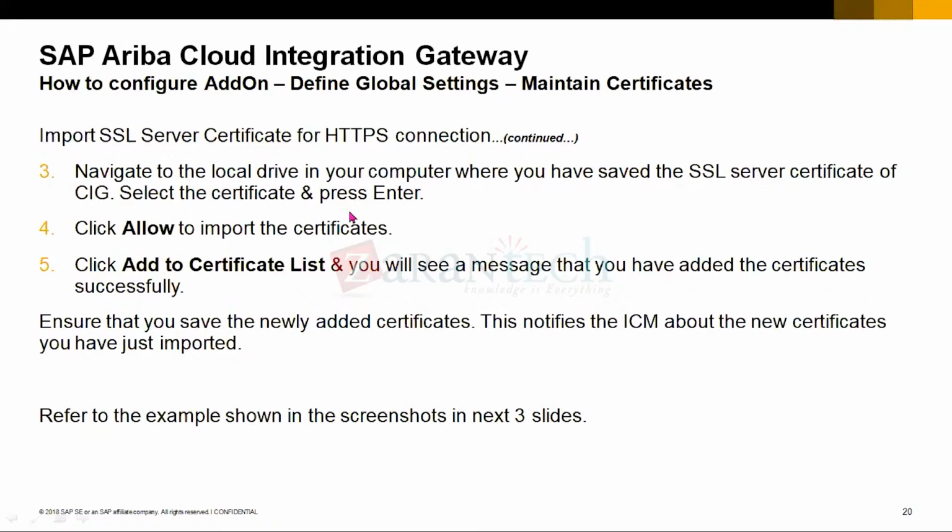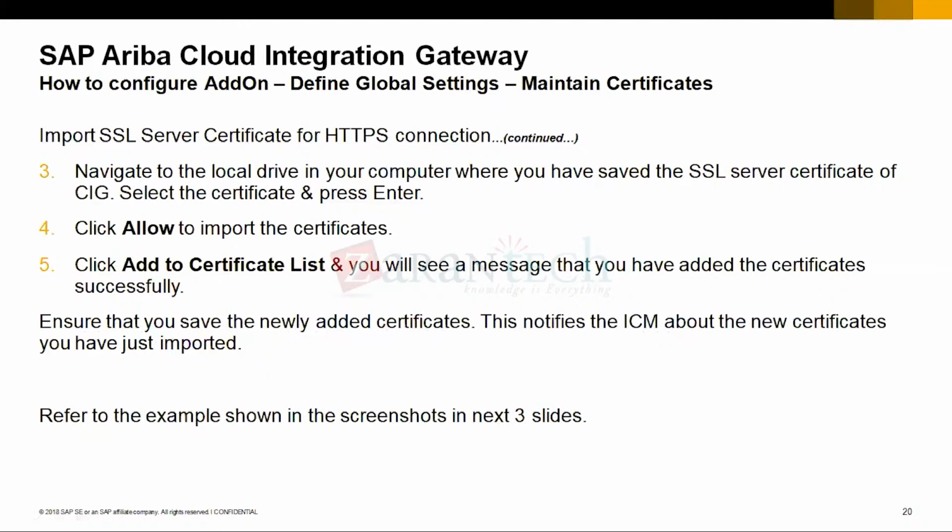So whatever certificate we earlier downloaded from the CIG tool, wherever we saved that certificate, we have to pick it, select it, and allow it to import the certificate. Okay, so once you do that, click add to certificate list, and you will see a message that you have added the certificate successfully. And ensure that you save the newly added certificate. This notifies the ICM about the new certificate you have just imported.